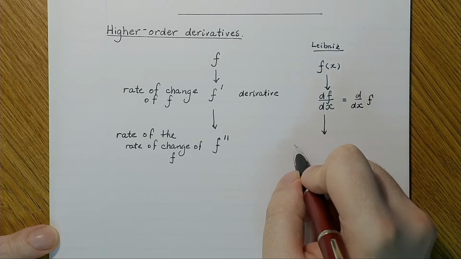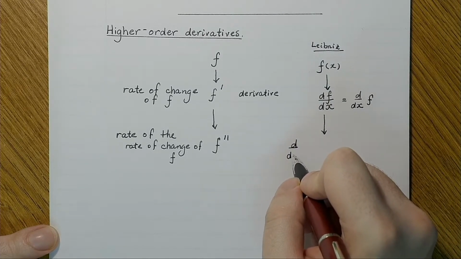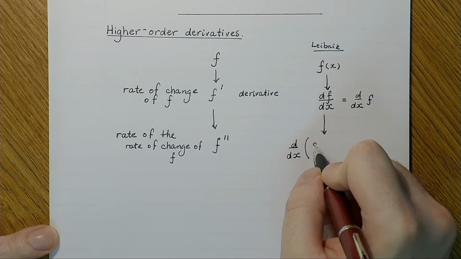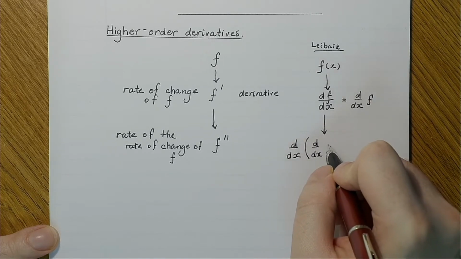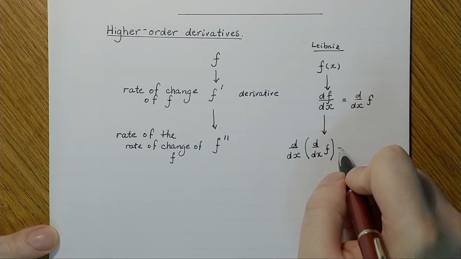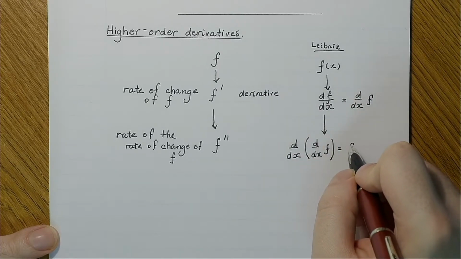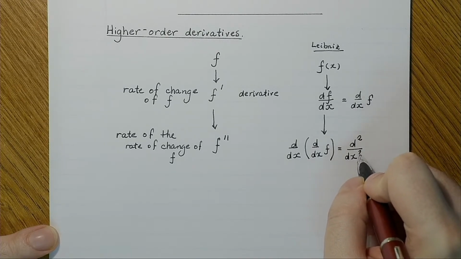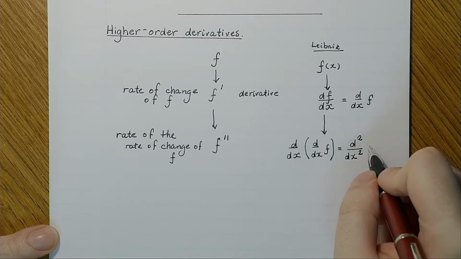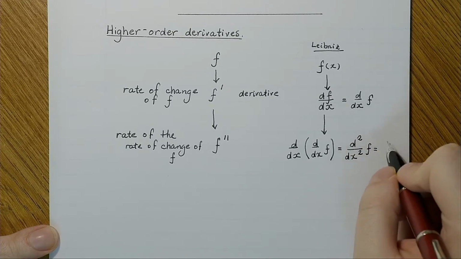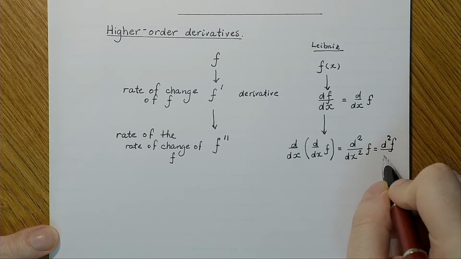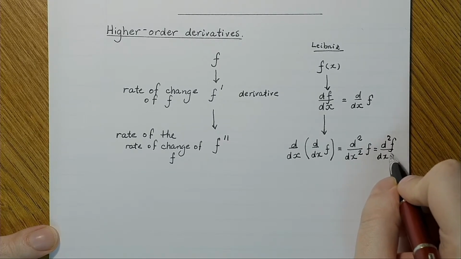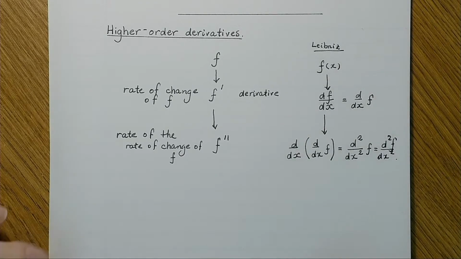If we do the derivative again, it's d by dx times d by dx of f. So you can look at that as d squared over dx squared of f, or that's equivalent to writing d squared f over dx squared. So the second derivative.